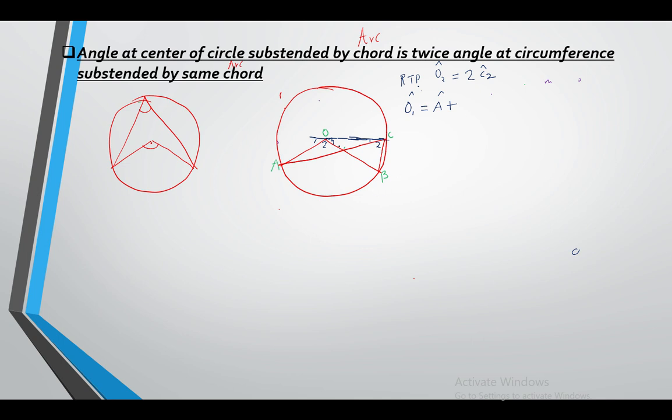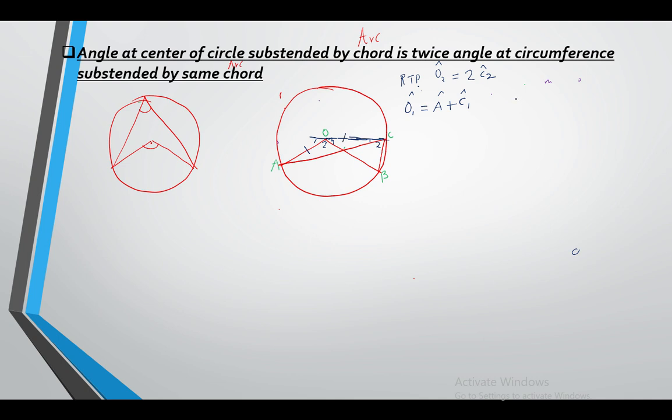So I'm saying angle O1, which is the exterior angle of triangle OAC, is A plus C1. And you look at the same triangle OAC, we have OA, which is a radius, and OC, which is a radius.